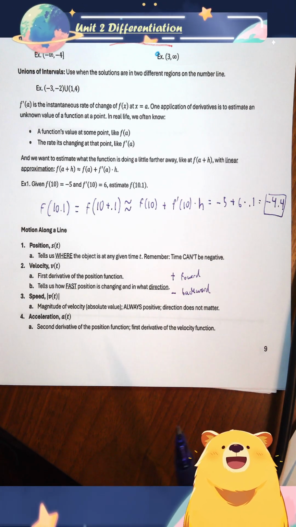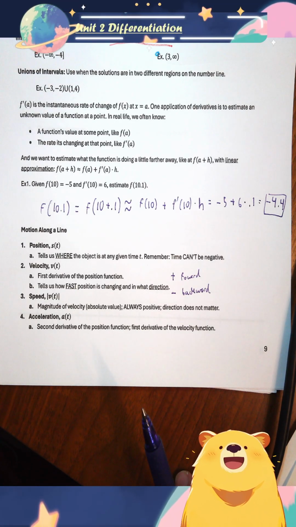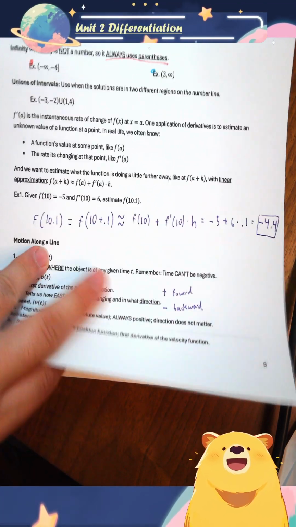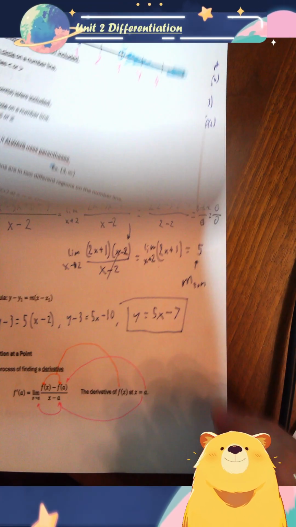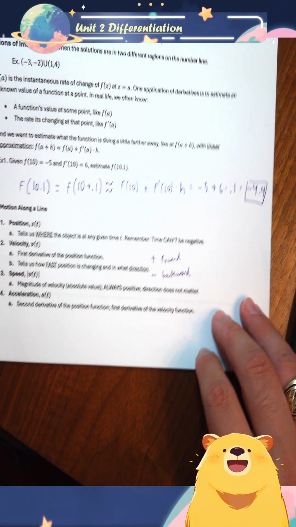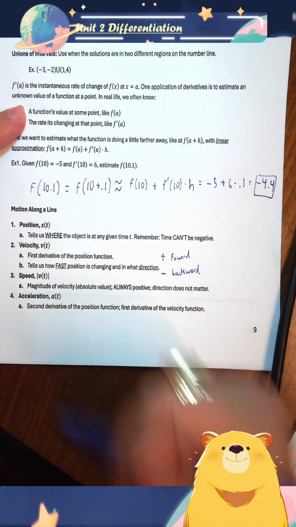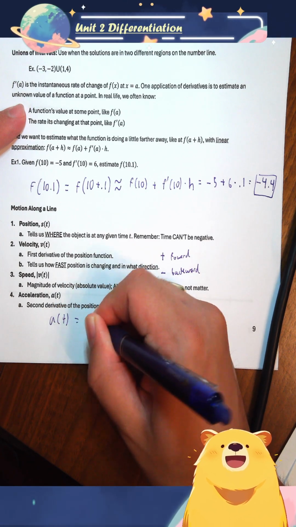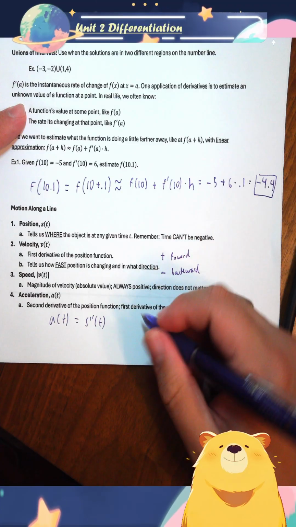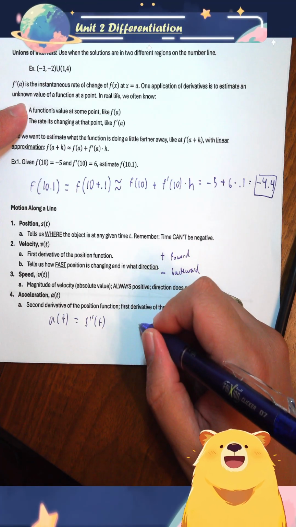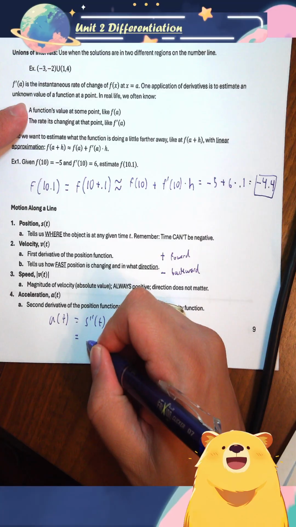Let's do, oh, I missed one. Acceleration. Acceleration is not new, but it is new in this context, because I don't think we've talked about acceleration yet. Acceleration is the second derivative of the position function, which implies that it is the first derivative of the velocity function.